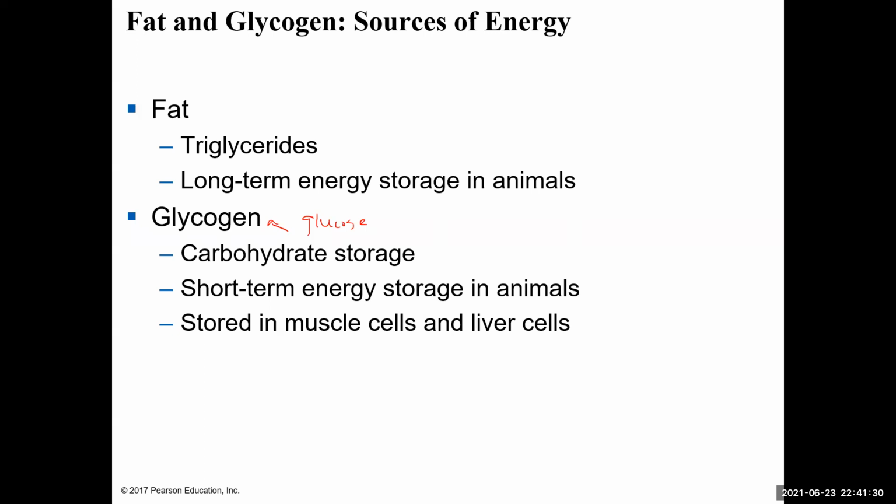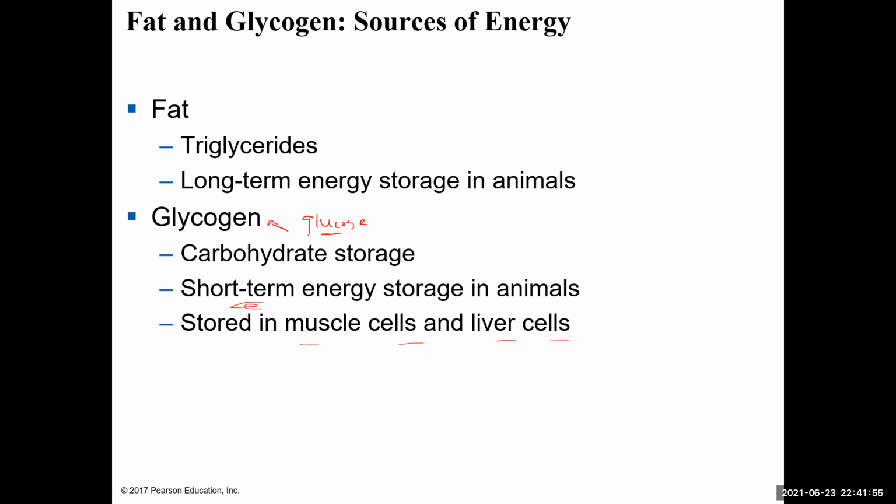So glycogen is a carbohydrate. This glycogen is basically a short-term energy storage in animals, and we store that in our muscle cells and liver cells. Our carbohydrate stores are generally the first energy sources that we use whenever our body needs to break down molecules to obtain ATP. And so that's the glucose.